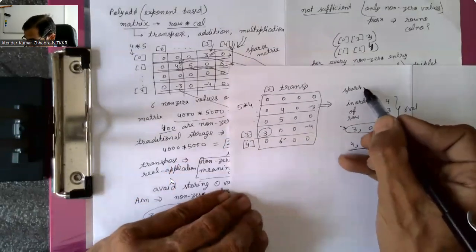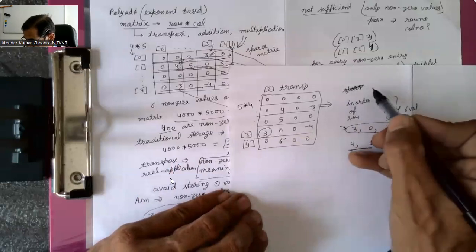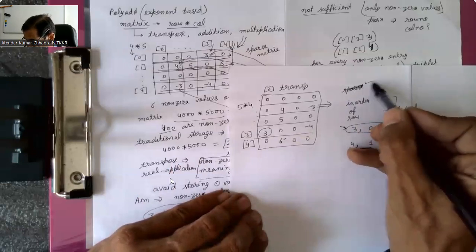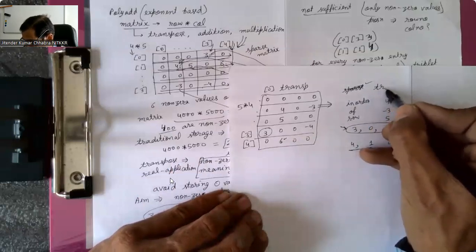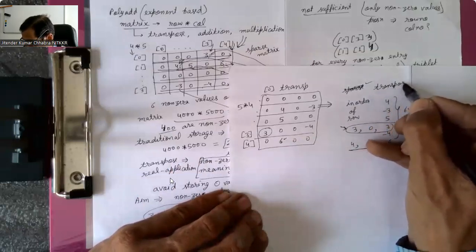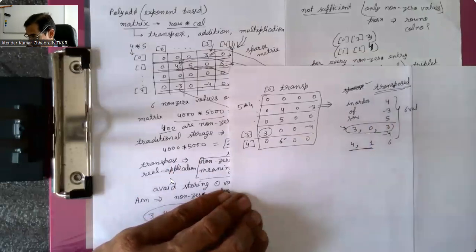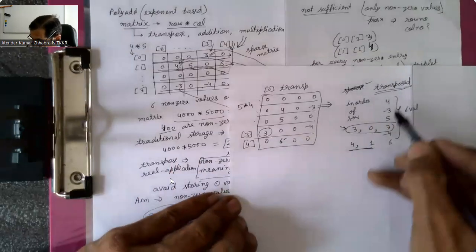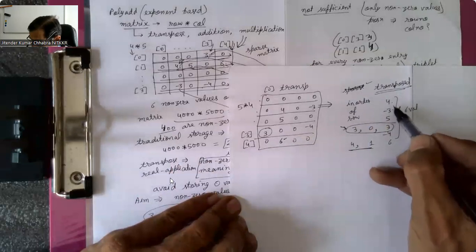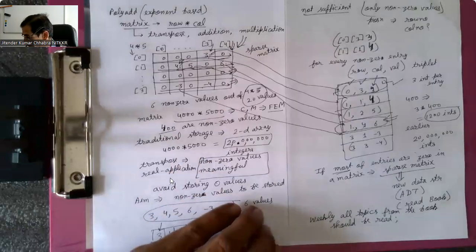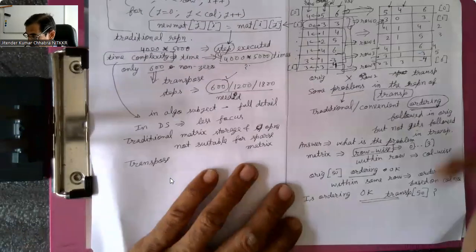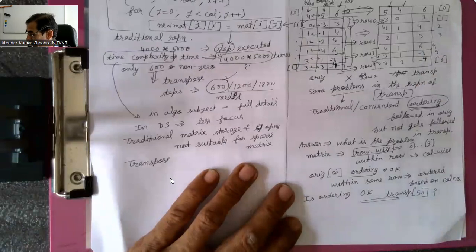So that's why I had the corresponding sparse matrix entries, and they should be in the transposed. Transposed entries will have row and column number interchanged. But the values should be in the order of 4, -3, 5, 3, -4, 6. What we generated is by this order, so the values are different.